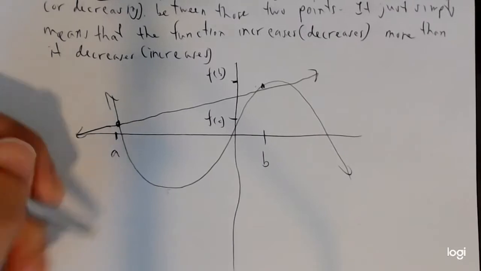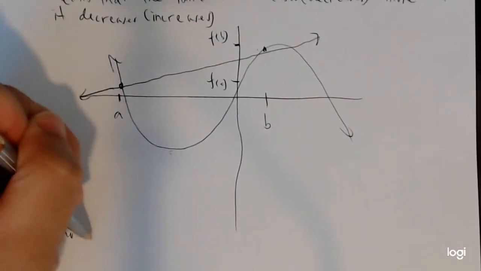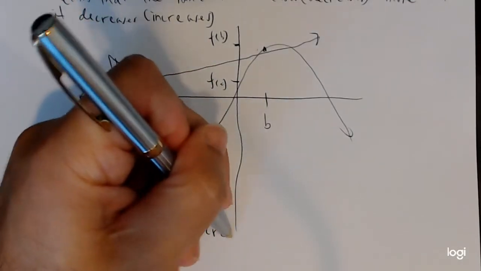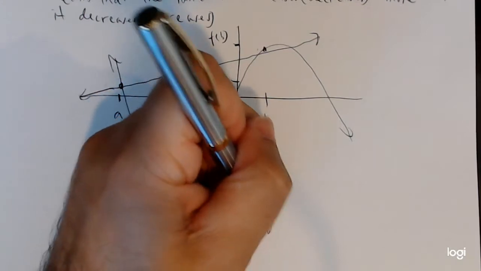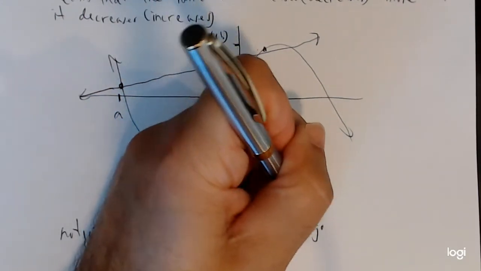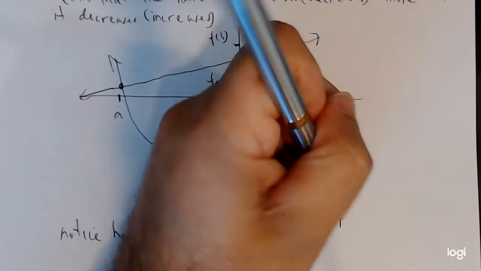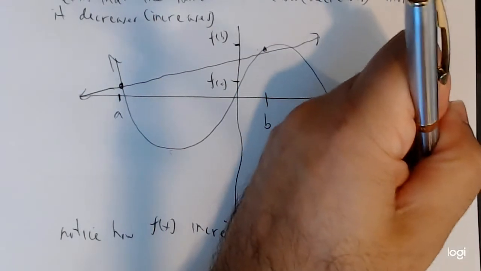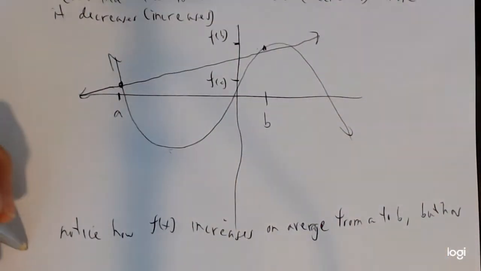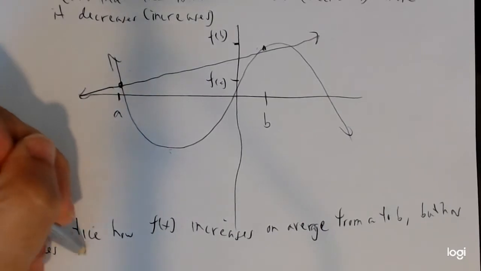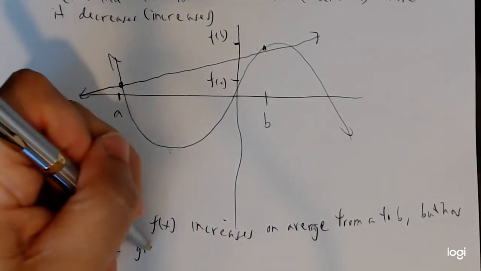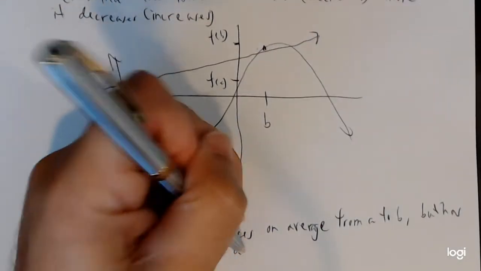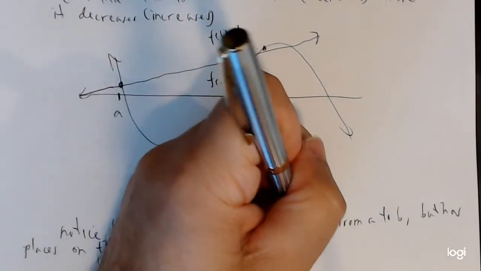So we would say, notice how f of x increases on average from a to b, but has places on the graph between a and b where it decreases.